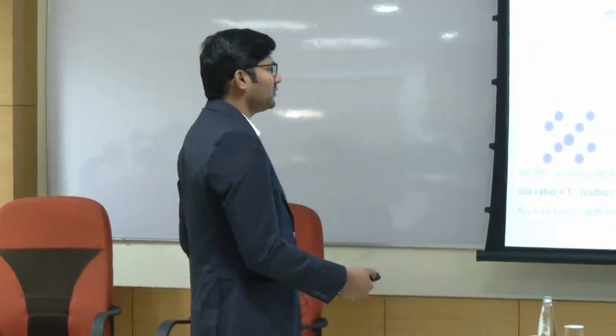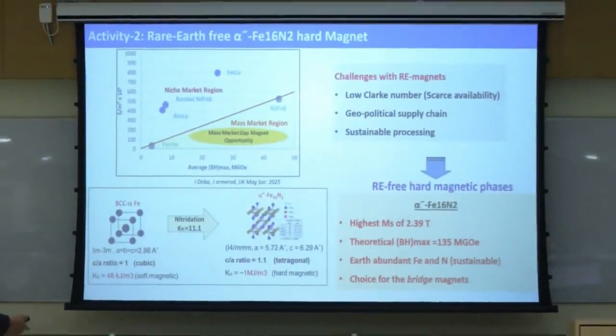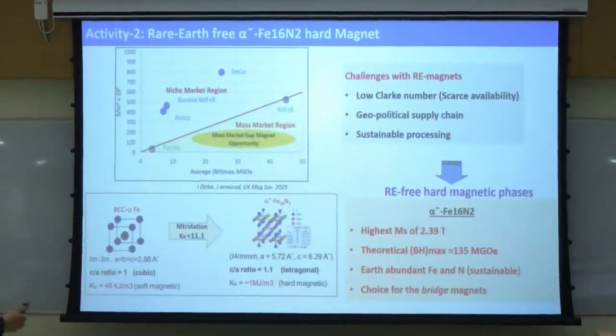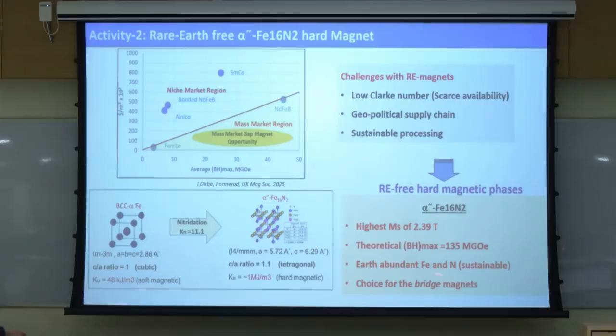So the last decade has seen some acceleration towards identifying new or novel rare earth free hard magnetic phases. Among these phases, the one particular phase of interesting magnetic property is this alpha double prime iron nitride 16N2 phase. This phase is reported to have the highest magnetization, a theoretical highest BH value, and most importantly very simple elements, and this can be a choice for bridge magnets.